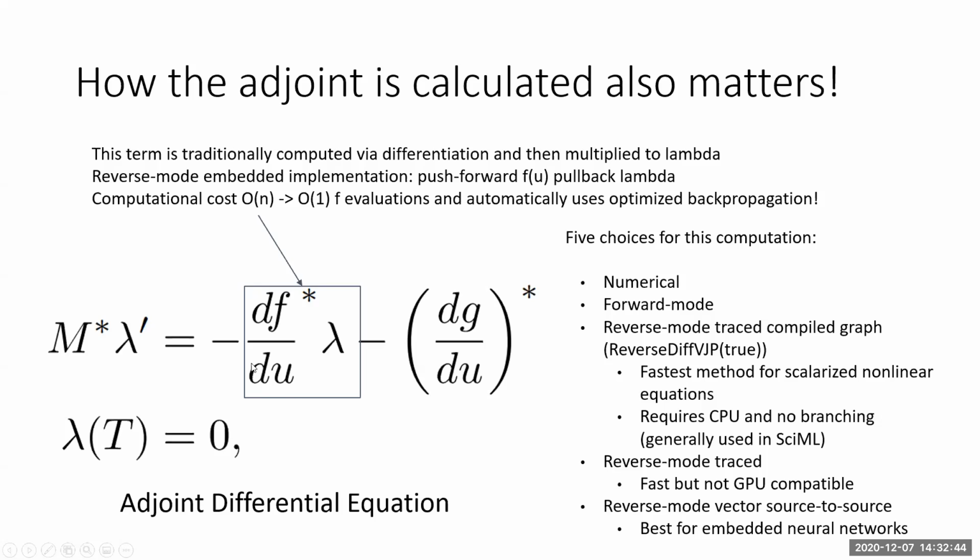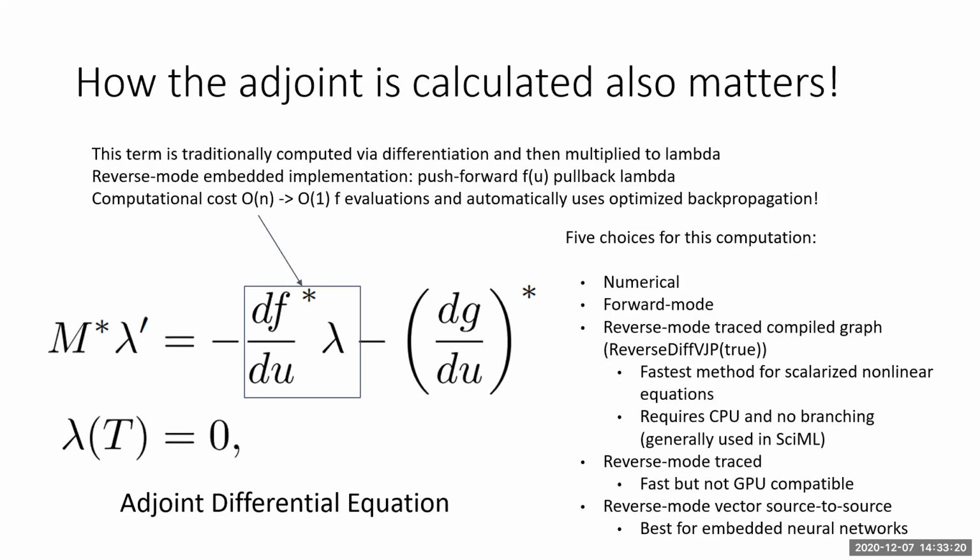So if you do reverse mode automatic differentiation, the way to be able to calculate this in O of 1 time, without having to build the Jacobian, is to push forward with the function f, and then you do the reverse mode pullback with the pullback vector being lambda. And so normally when you do reverse mode automatic differentiation, you usually just stick 1 in at the end and you pull back the value 1. That gives you back the gradient. If you actually pull back this lambda, then what you get is a whole vector Jacobian product without the Jacobian being built.